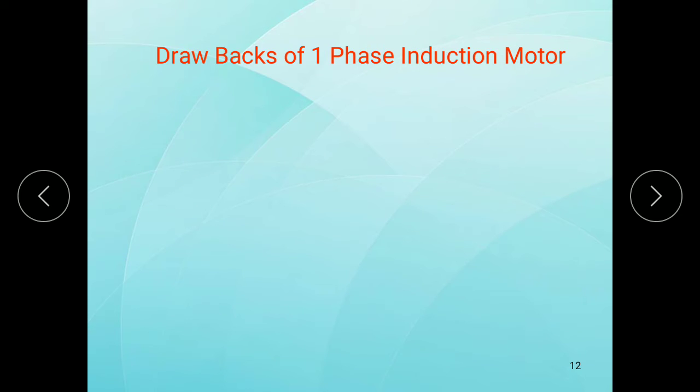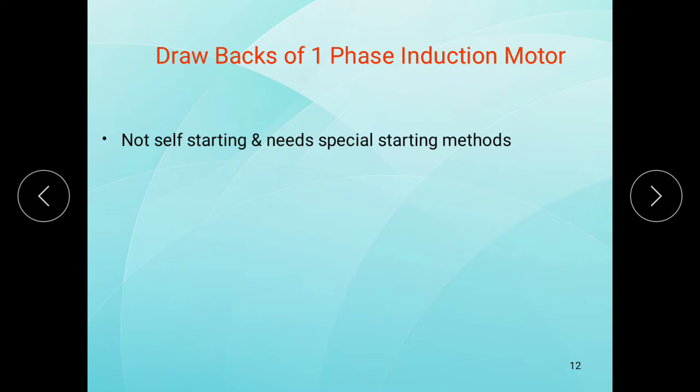Now the drawbacks of a single phase induction motor. It is not self starting. A three phase induction motor is self starting, but a single phase induction motor is not self starting, so it needs special starting methods.